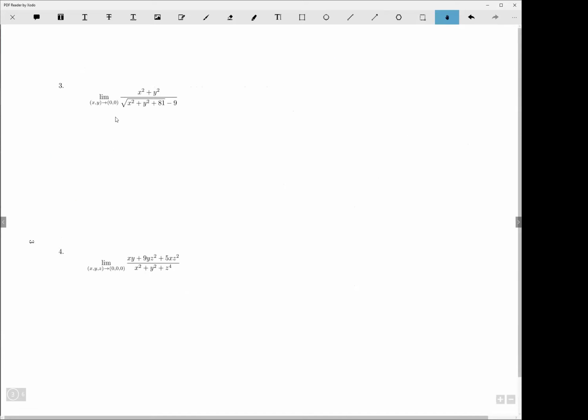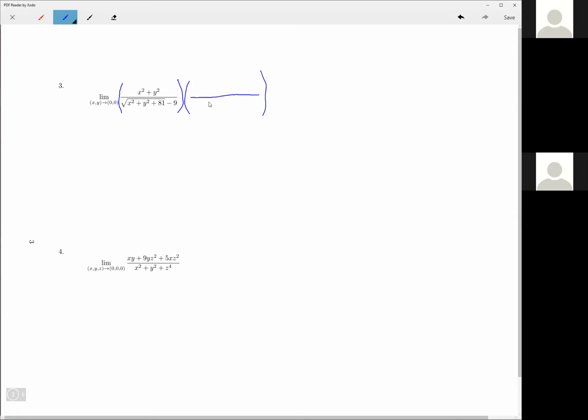So let's go on to number 3. The limit as (x, y) approaches (0, 0) of all this. What do you think we should do here? I'll give you a hint. You're going to multiply by another fancy form of 1.